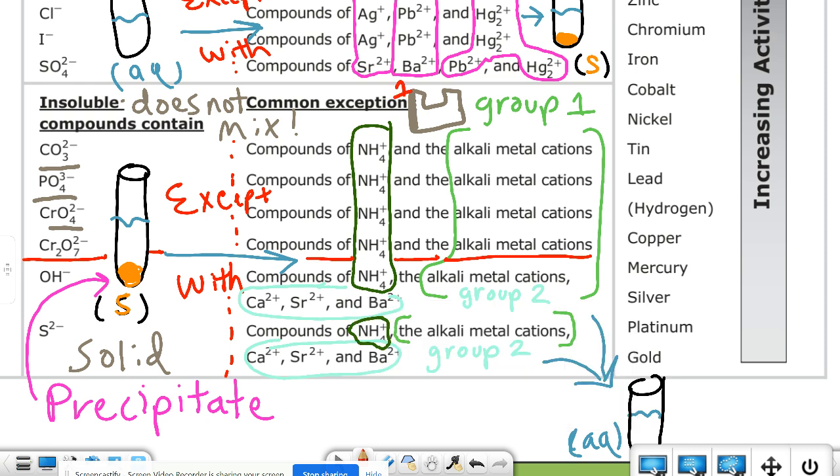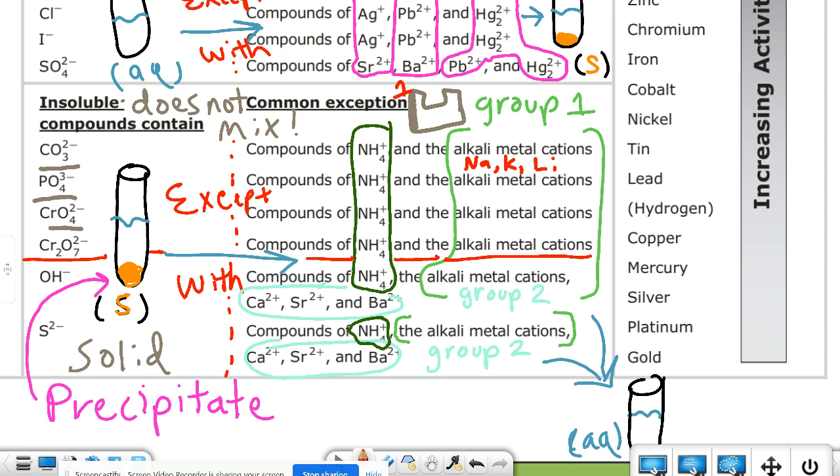They will become dissolvable in water. So alkali metals are like sodium, potassium, lithium, stuff like that. Anytime you see Na or K or Li in the formula, it's automatically aqueous. It's automatically going to be dissolvable in water, and nothing interesting is going to show up as a result.